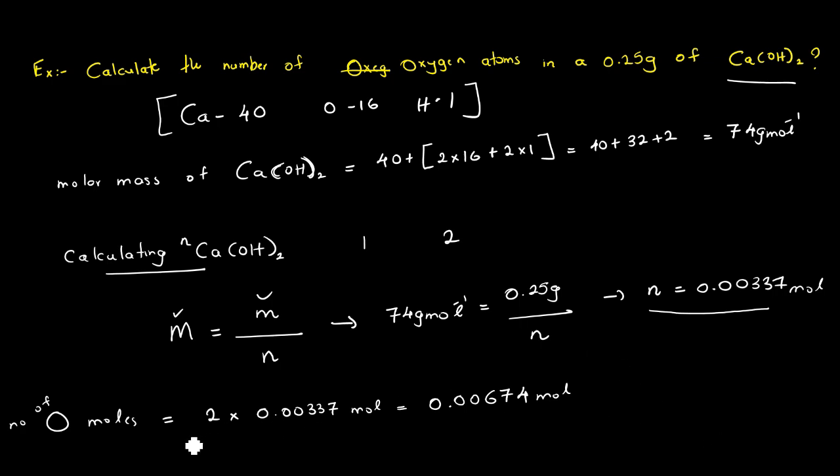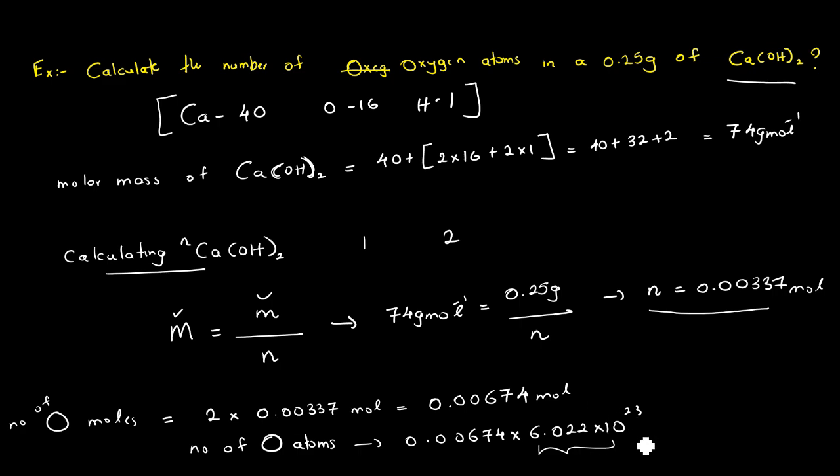So in order to calculate the number of oxygens, very sorry if you are hearing some rain, there is heavy rain around this area. If you want to calculate the number of oxygen atoms, you have the number of moles and you have to multiply it by 6.022 times 10 to the 23, because we know in 1 mole there is this amount of oxygen or anything.